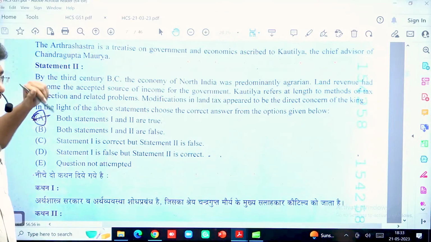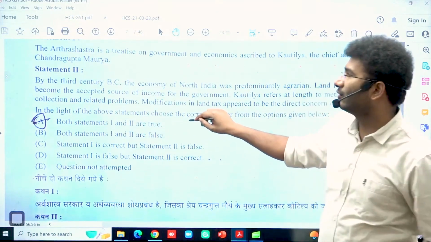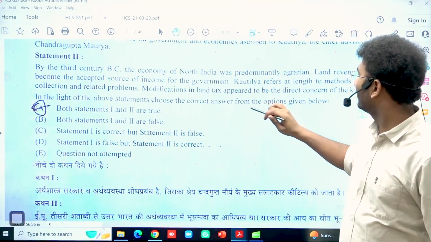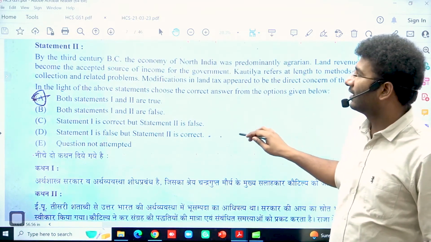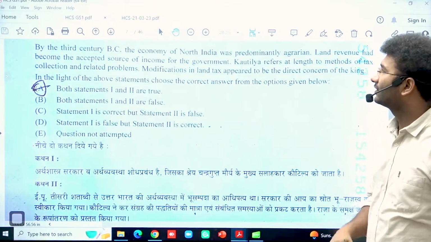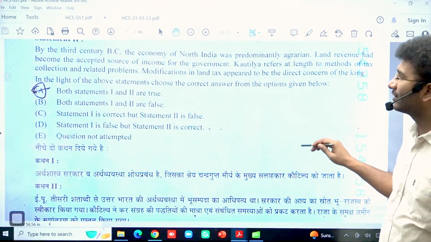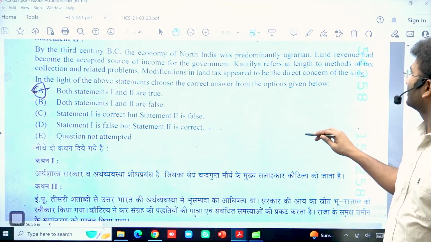Now statement 2, we have to look for whether it is right or wrong. By the 3rd century BC, the economy of North India was predominantly agrarian. Land revenue had become the accepted source of income for the government. Kautilya refers at length to methods of tax collection and related problems. Modifications in land tax appeared to be the direct concern of the king.